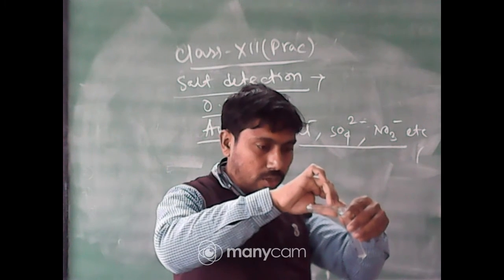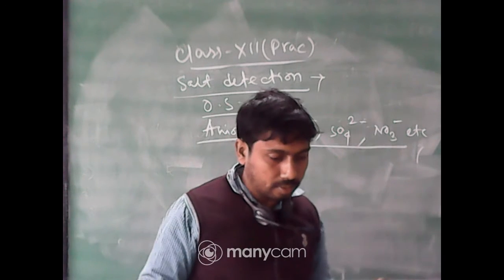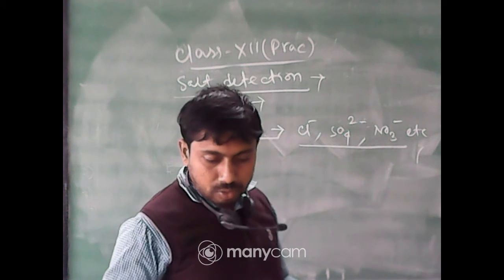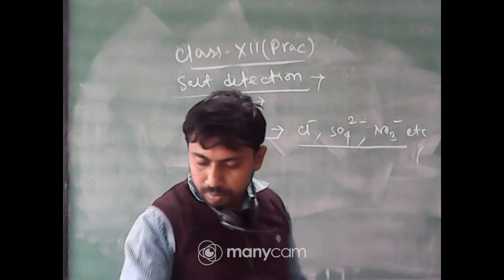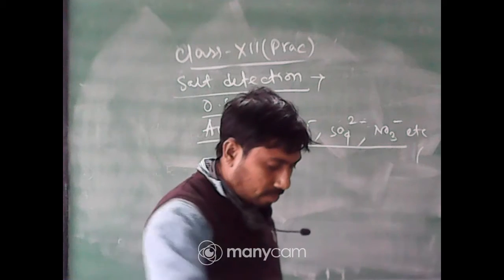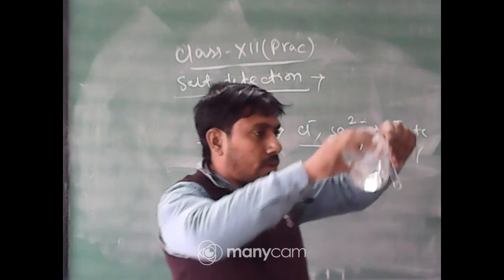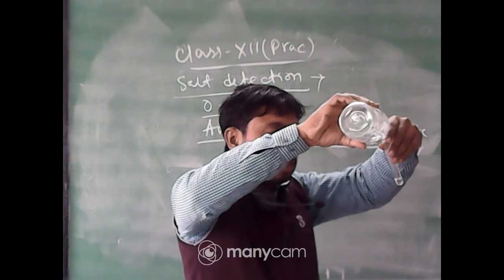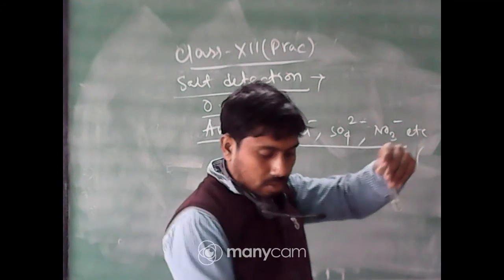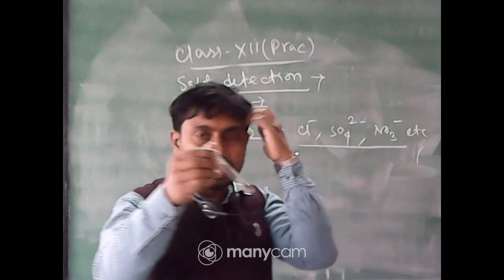First of all, dilute HCl. Dilute HCl is added to the solution. No PPT is here, so group 1 is absent.